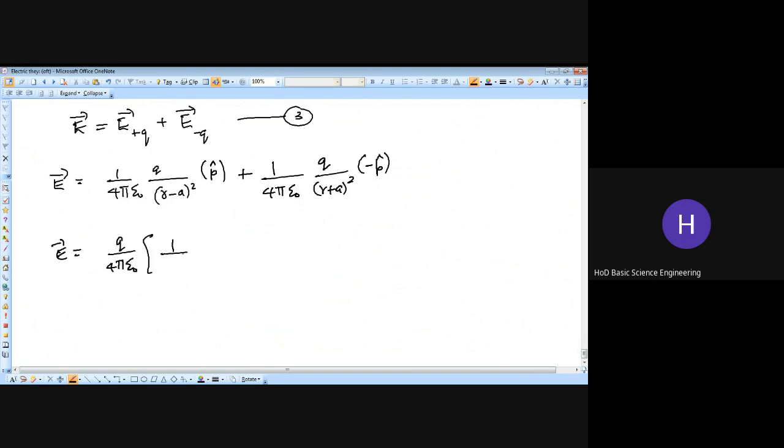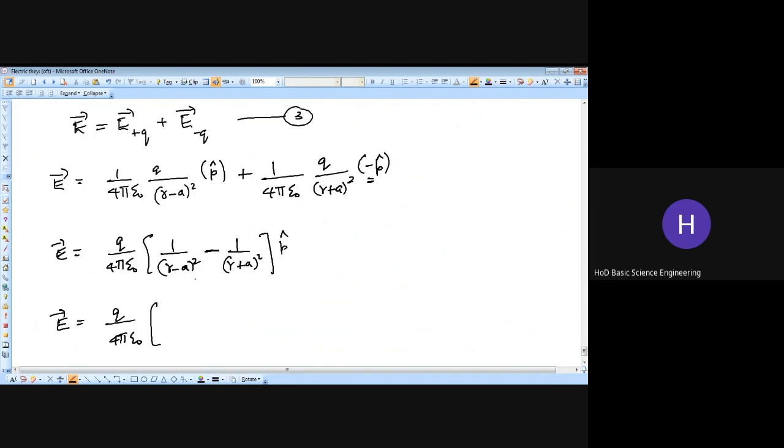In the first term, you are left with (R minus A) whole square. And I will take this minus sign here. I will write this as (R plus A) whole square into, and I will take this P cap outside. This P cap is common, so I have taken that outside, and this minus sign is written here. Plus into minus will be minus. Now, Q by 4 pi epsilon naught, you can take the LCM here.